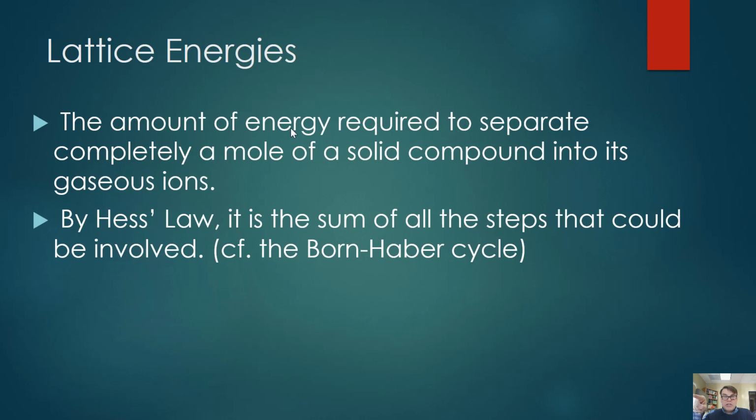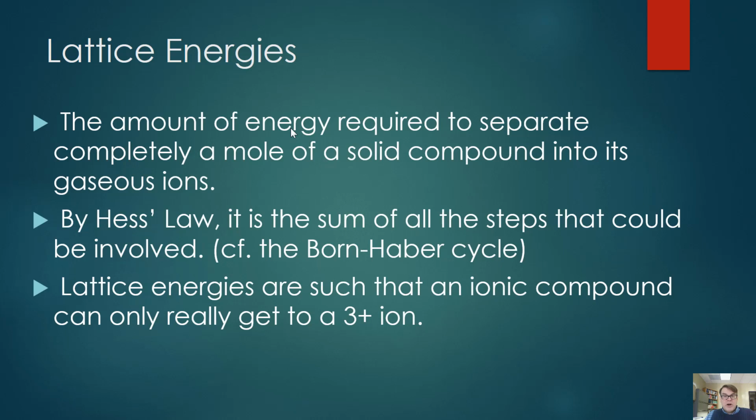Hess's law says the total is going to end up the same either way. So the Born-Haber cycle basically says figure out the simplest way to calculate step 1, step 2, step 3, step 4, step 5, add it up, and that's going to be the lattice energy no matter which way it actually does it in reality.